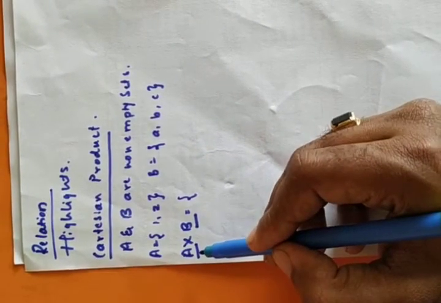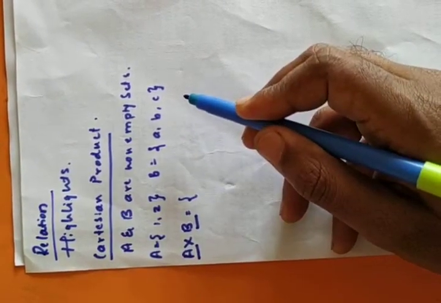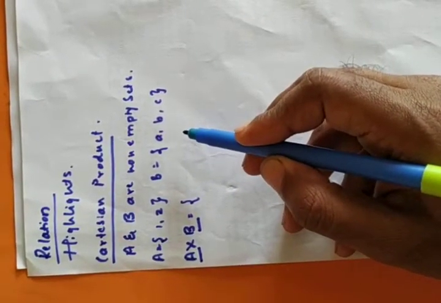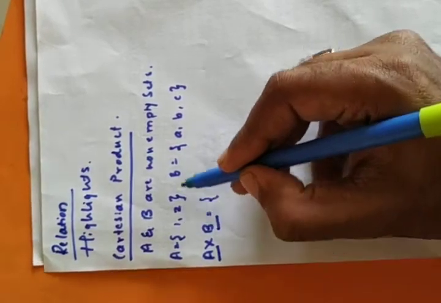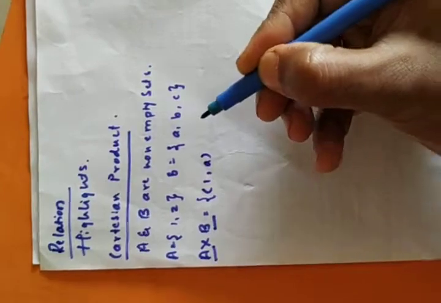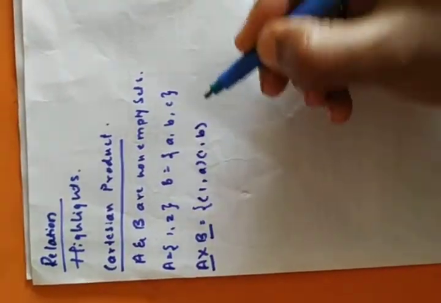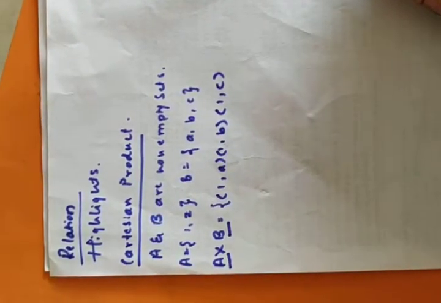Got it? So here the first set is A, which means the elements 1, 2 go in the first position of the pairs, and B in the second position. So the first element 1 is paired with a, that is (1, a). Next I can pair with (1, b). Next (1, c).